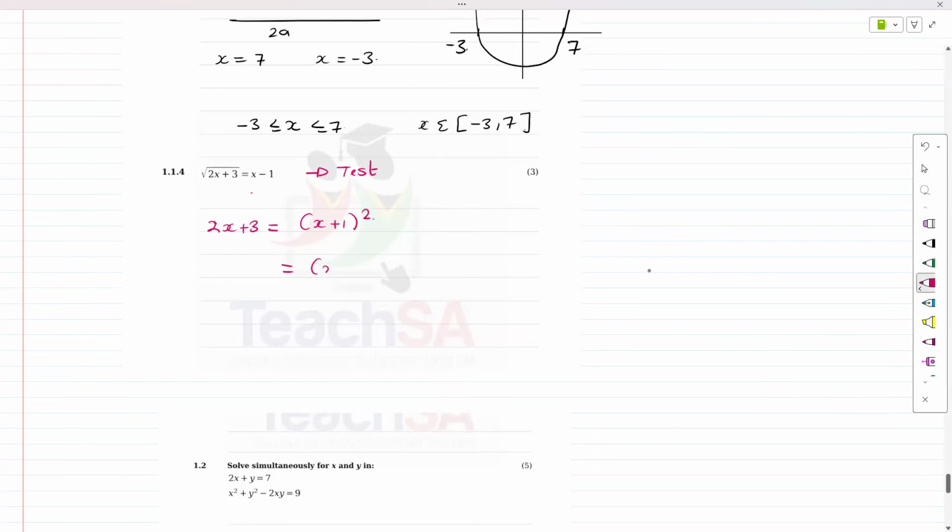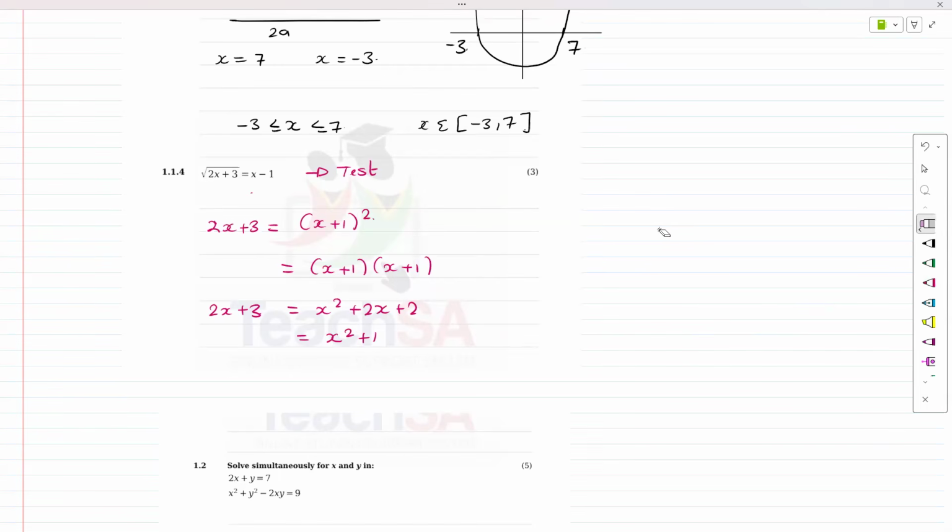I'm going to open this up with FOIL, or you can use your SMS thing that you deal with, but this is x squared plus 2x plus 2, that's 2x plus 3. Yeah, we can simplify this as x squared plus, ooh, a little bit of a problem, huh?